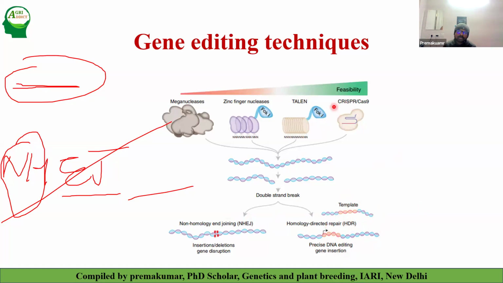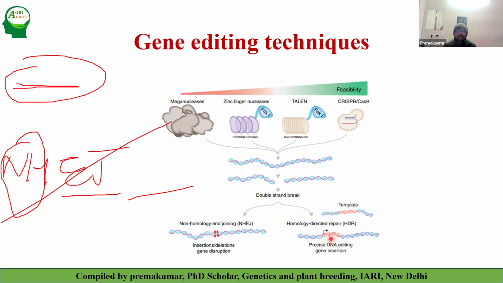Along with the CRISPR-Cas9 construct, you provide a template so that the repair takes place according to the provided template. That's why it is not so error-prone, and it will not create errors during evolution.